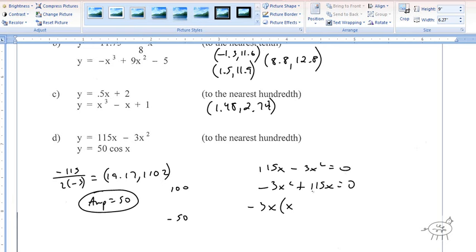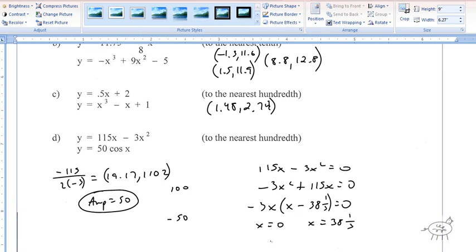Again, we're just doing rough numbers. So I know it's crossing at x equals 0, and it's crossing at 38 and a third. Just getting a little bit of an idea of where things are going to be here. It's going to cross that cosine graph somewhere in there too, and we'll see as we make a quick sketch.